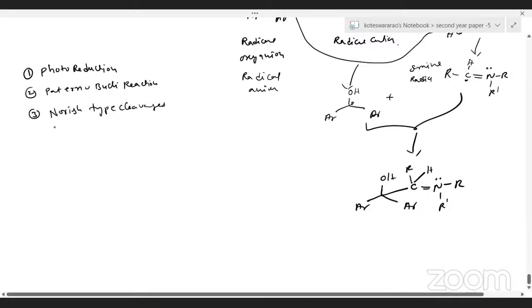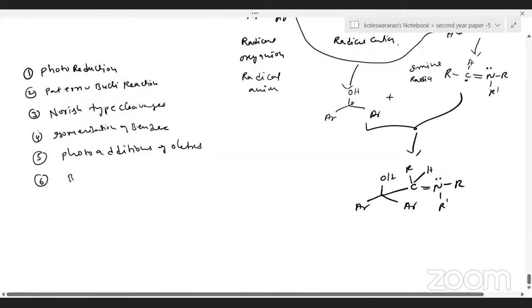Then isomerization of benzene, photoadditions of olefins, and the sixth one is the Barton reaction.